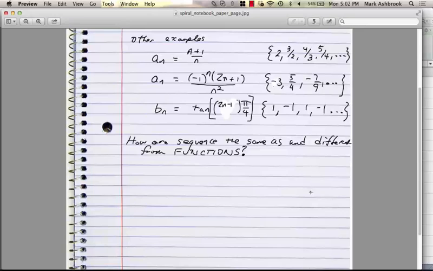What do you think? How about the same as? What's the same about a sequence as a function? I know Adam knows. You have input and an output. Okay, he's talking about input and output. Do sequences have input and output? What would be the input of a sequence?